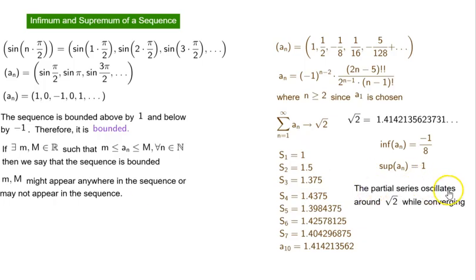And the partial series oscillates around root 2 while converging. So here, 1 is less than root 2. 1.5 is greater than root 2. 1.375 is less than, greater than, less than, greater than, less than, and so on. It will keep oscillating around root 2 and slowly converge.